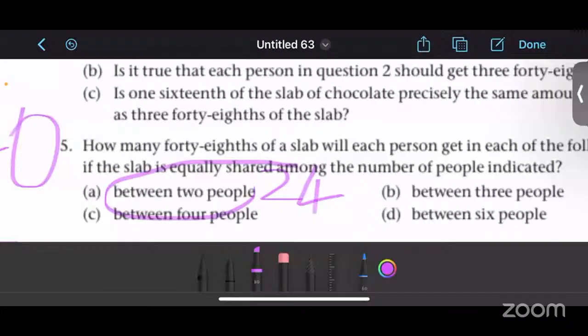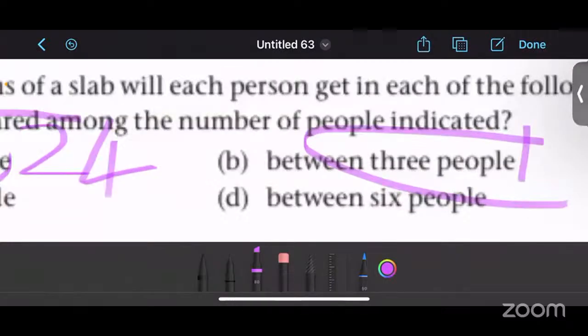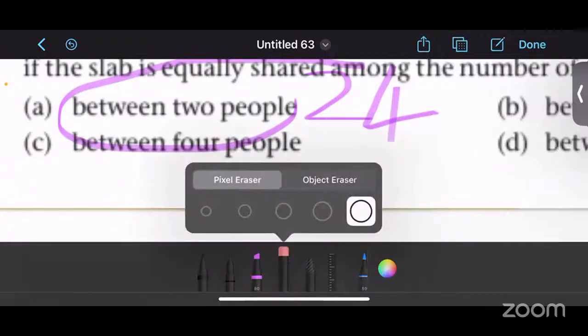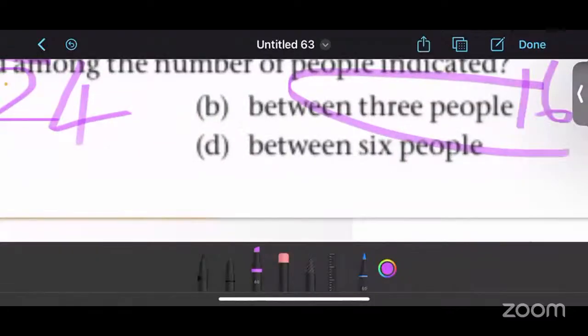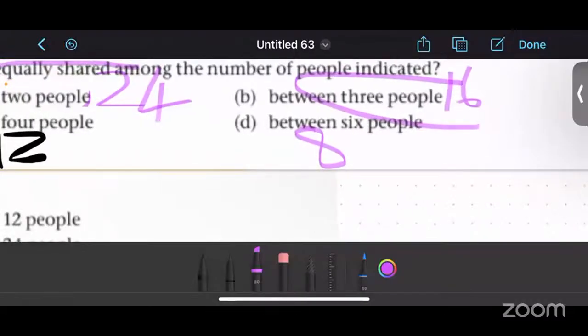And then B, it's three people. Ma'am, it gives them 16. And then the next one gives 12, ma'am. Then 8.